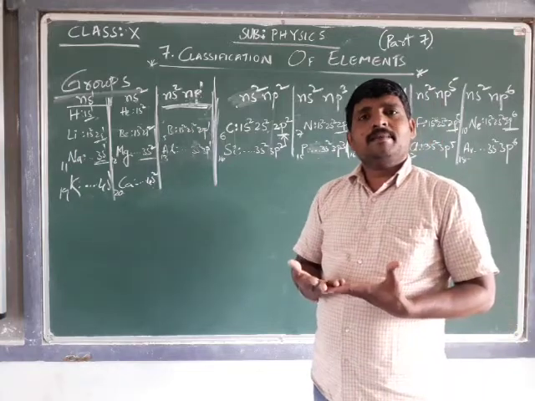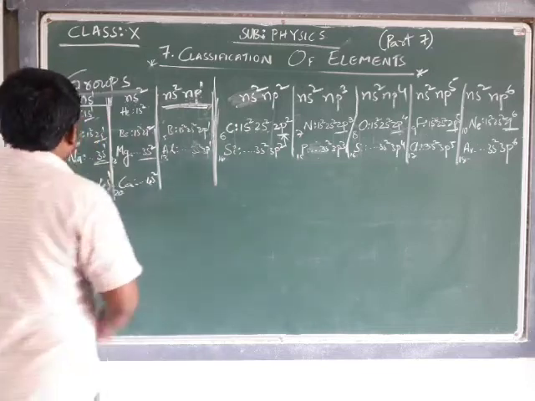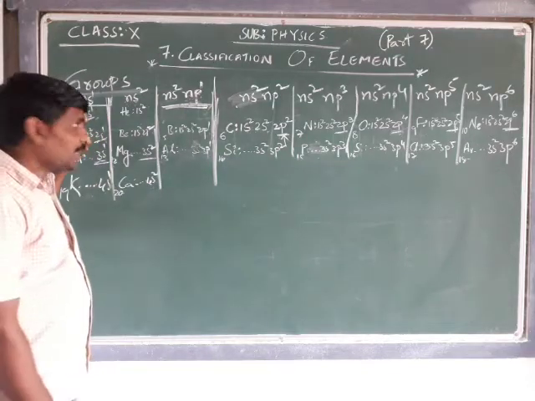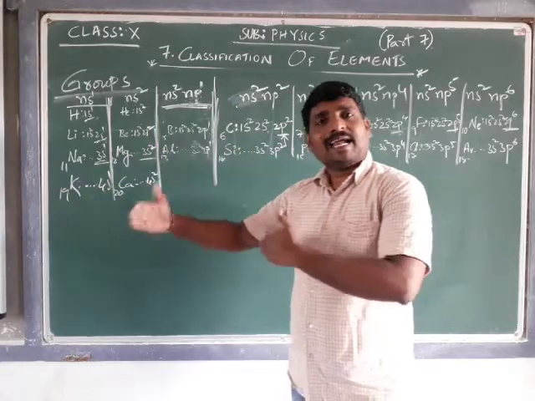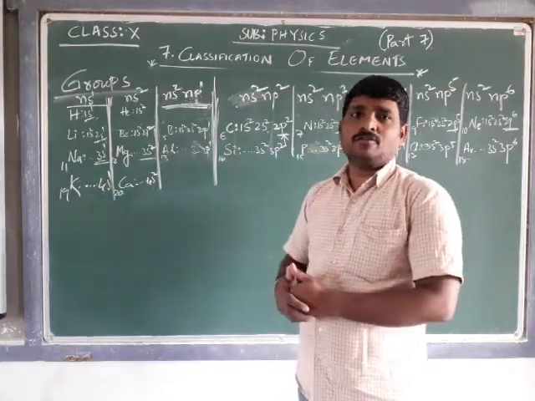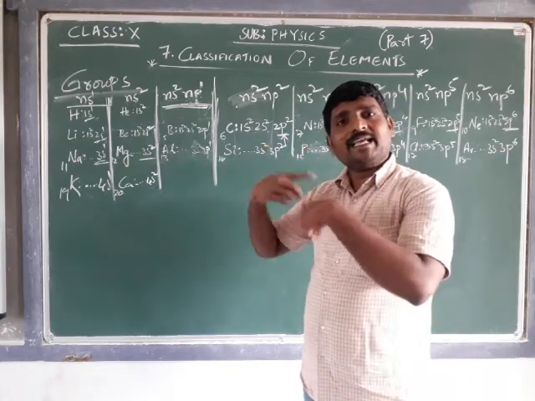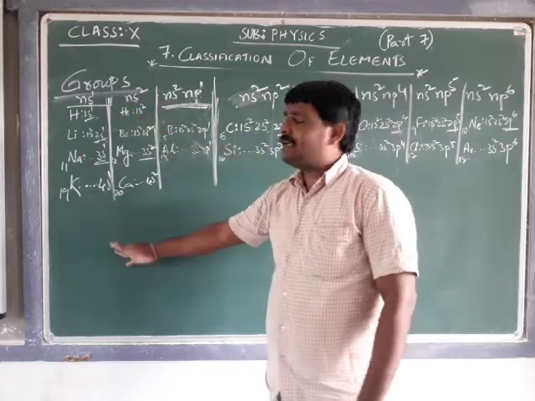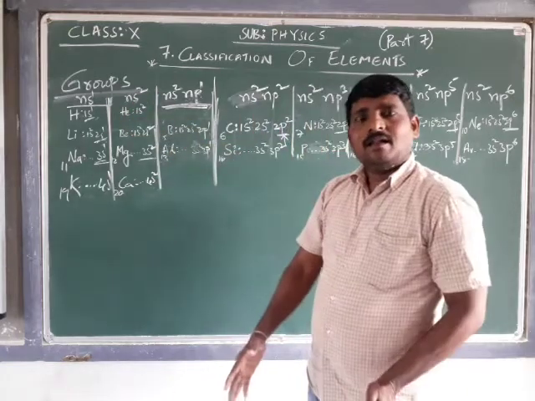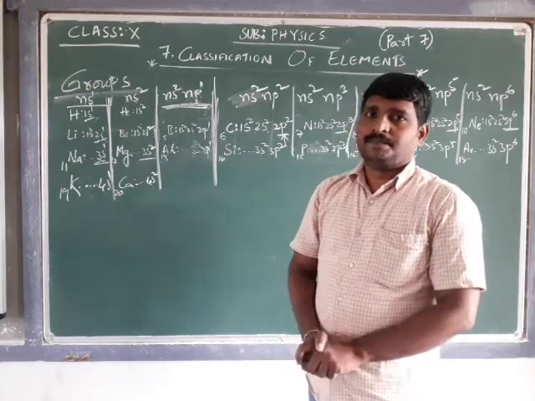While grouping the elements, he came to know that the last differentiating electron plays a major role in categorizing the elements into groups. If the last differentiating electron is periodically repeated, he kept such elements in a vertical column, and he named that vertical column as group.